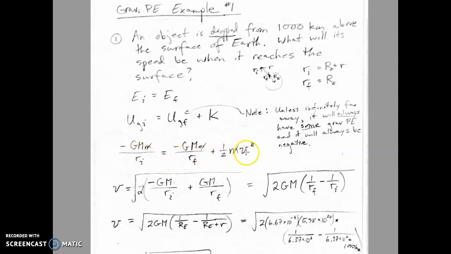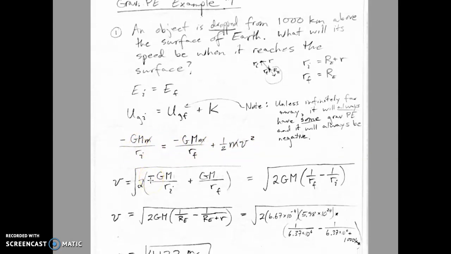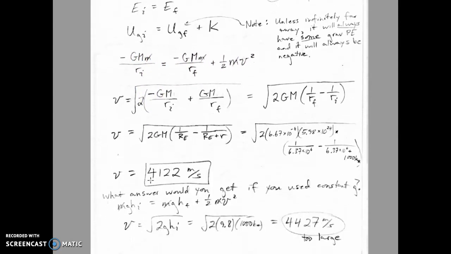So now we have this equation and we solve for v. Here's the solution using the constant for big G, the mass of the Earth, the radius of the Earth, and then this initial radius is the radius of the Earth plus the altitude, 1,000 kilometers.